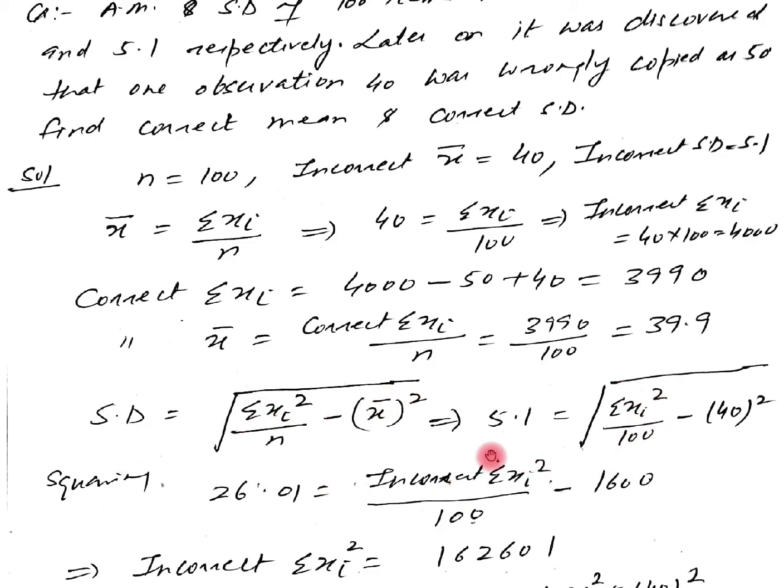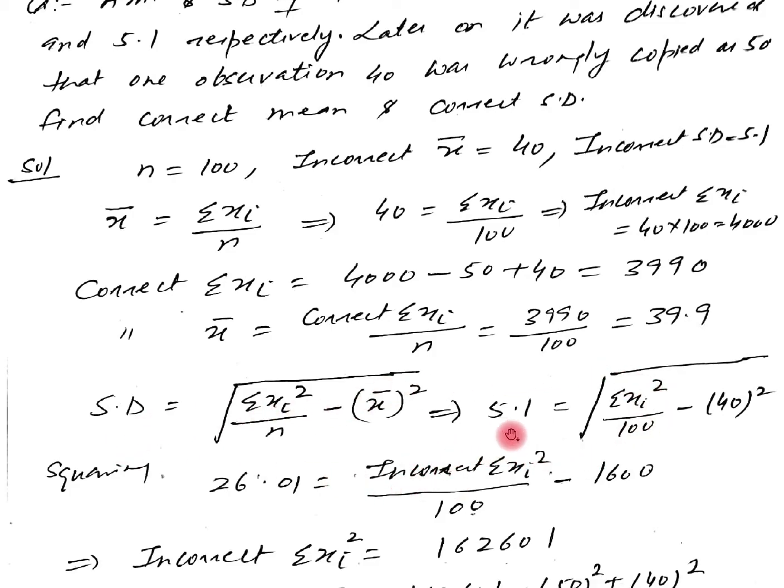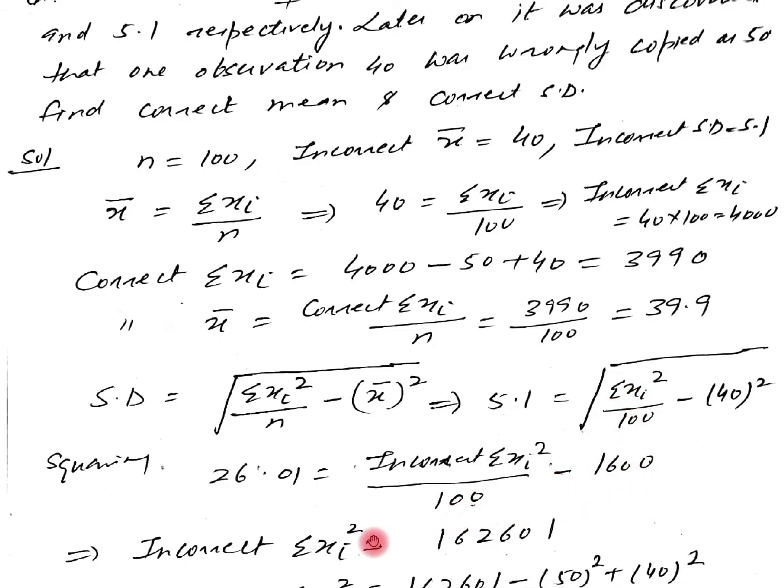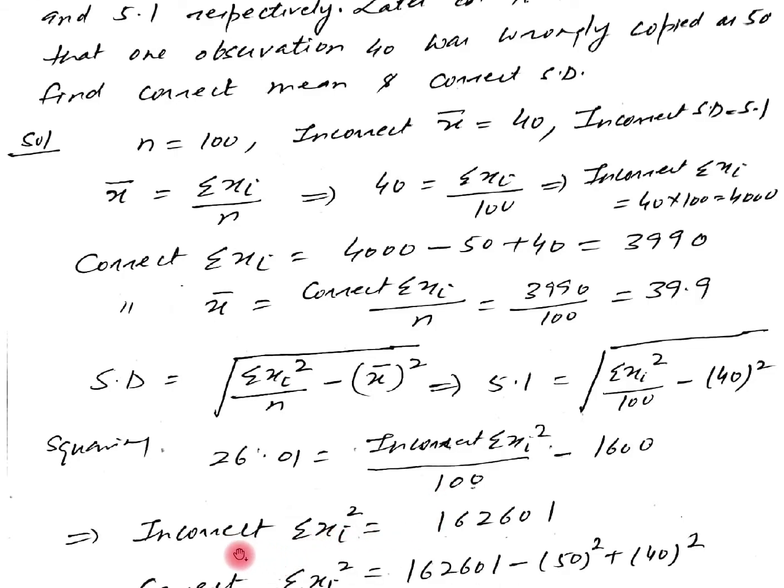We are using incorrect values here. Squaring both sides, we get 26.01 equals incorrect sigma xi square upon 100 minus 1600.